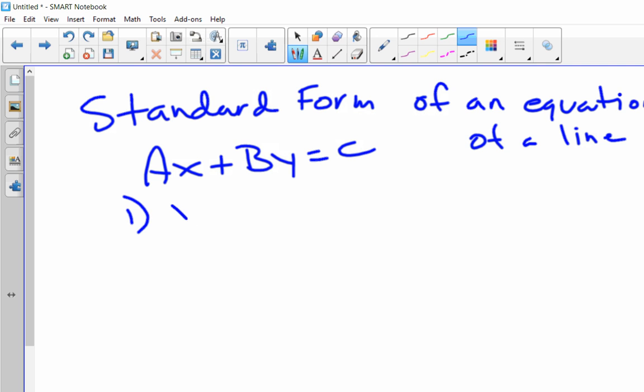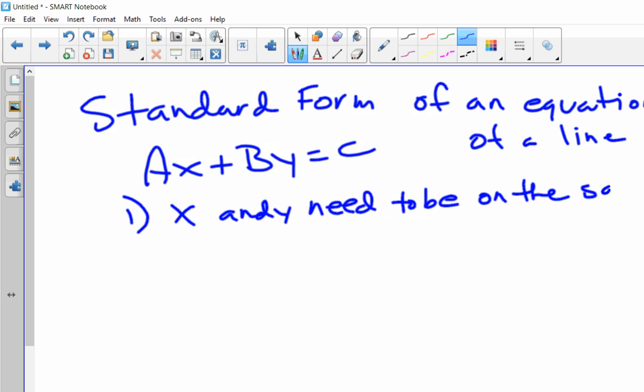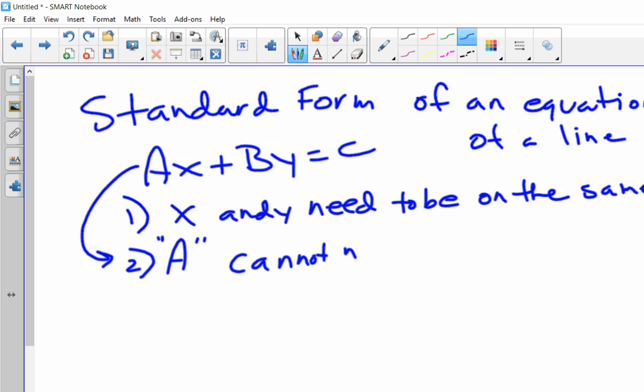Rule number one, that x and y need to be on the same side, and typically the same side as the left side. Rule number two, that A cannot be negative.